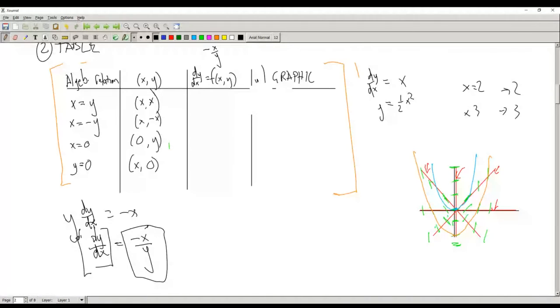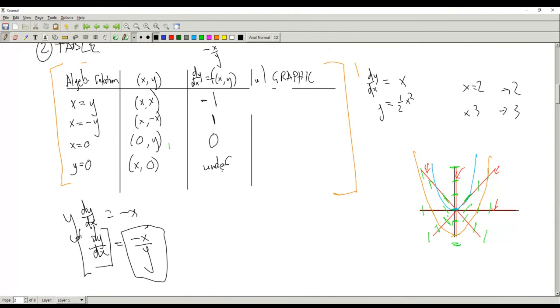So if we substitute x equals x and y equals x into this, we come out with minus 1. If we substitute x equals x and y equals minus x, we come out with 1. Substitute x equals 0, y equals y. Minus 0 over y is equal to 0. And then if we substitute x equals x and y equals 0, we come out with undefined.